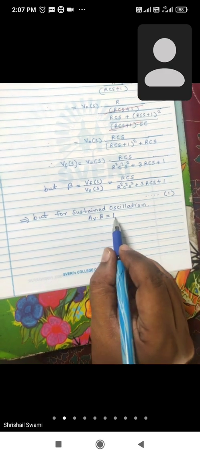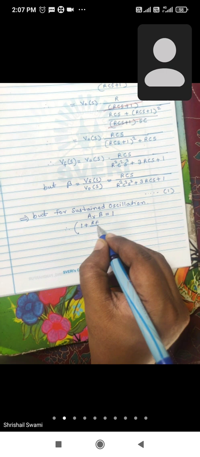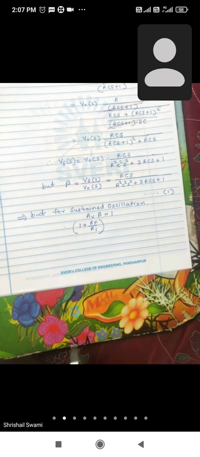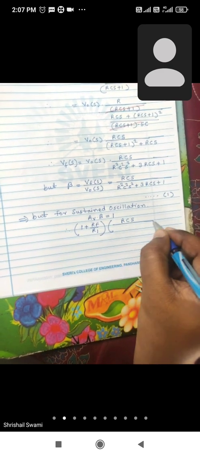AV into beta is equal to 1. So AV means what, 1 plus RF by R1, because it is a non-inverting amplifier. Beta means what, that is given in this equation number 1, that is RCS divided by R square C square S square plus 3 RCS plus 1 bracket complete is equal to 1.